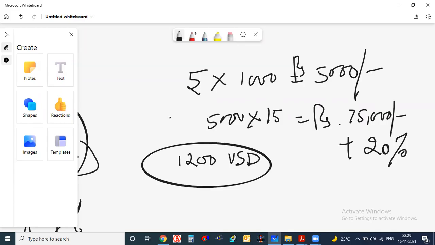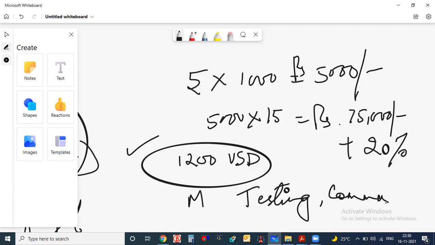If you have the regular firefighting installation team, then we don't have to spend this much money. It is very skilled, special work, because we have to test all the systems. And this is only the installation cost. The testing cost is different. Hydrostatic testing or commissioning is a different cost. This is only the installation cost I told.